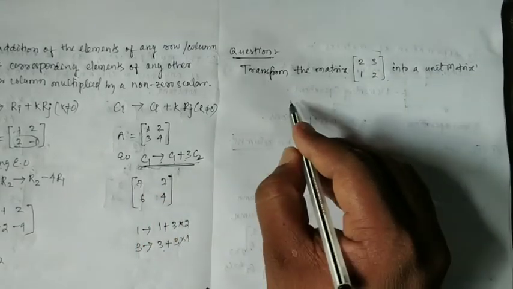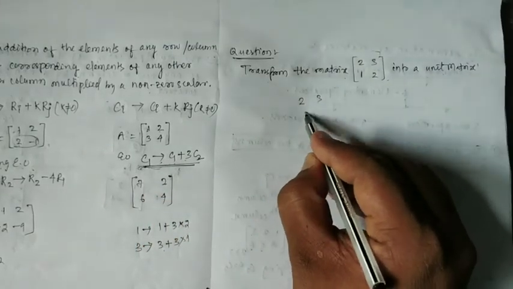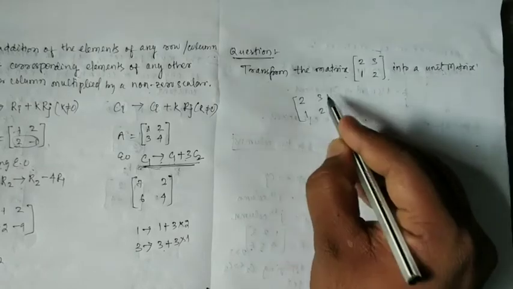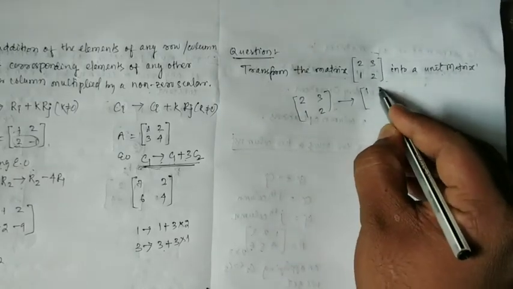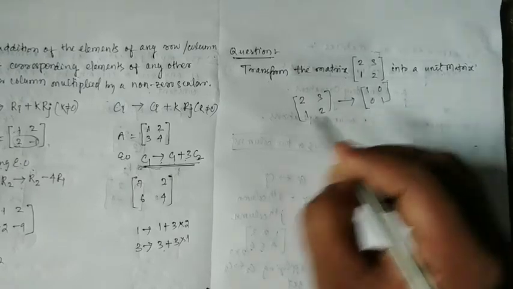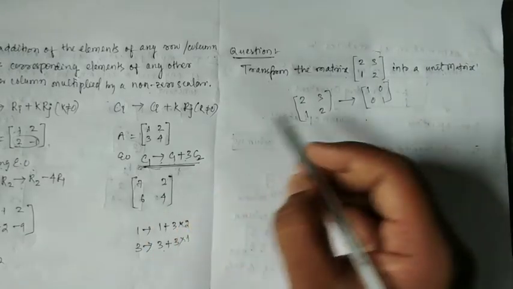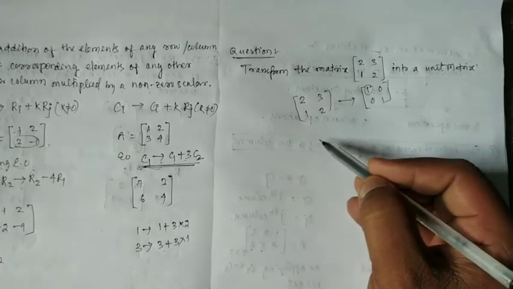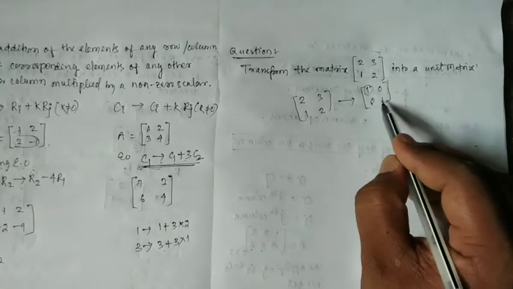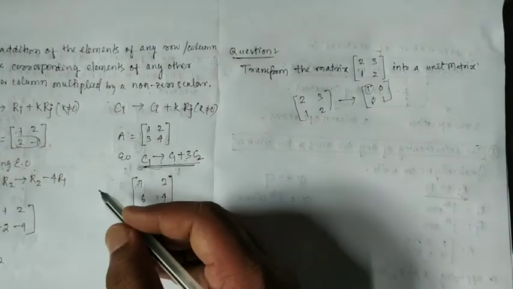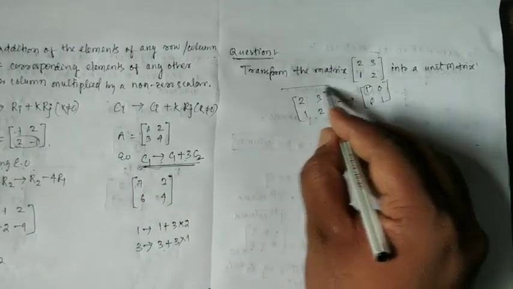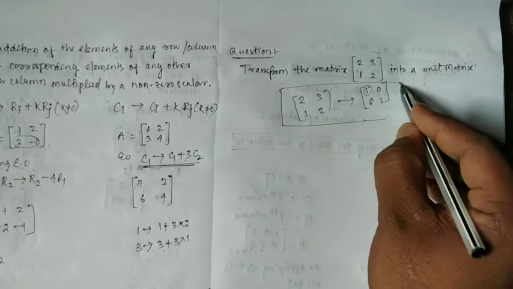That means 2, 3, 1, 2 can be transformed to 1, 0, 0, 1. That means we need 1 here, then 0, then 1 here, 0 here, by applying elementary operations.